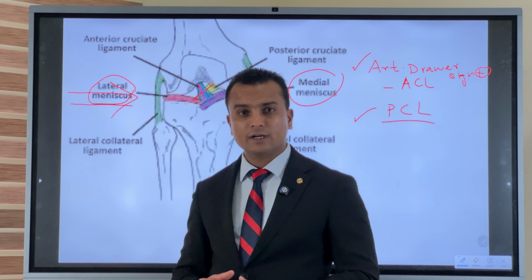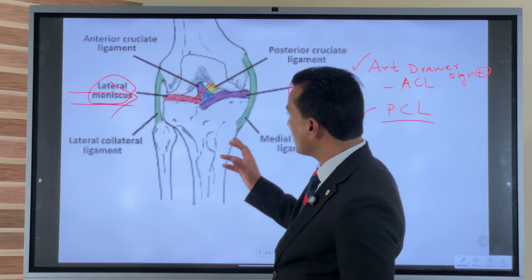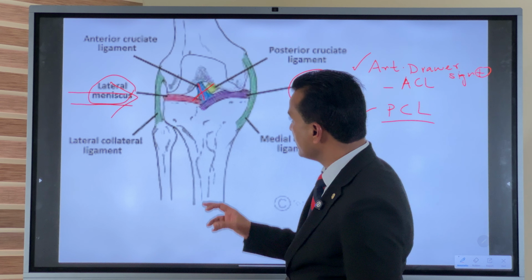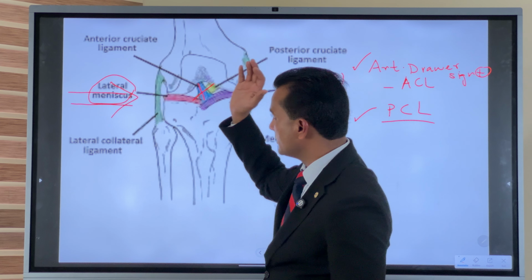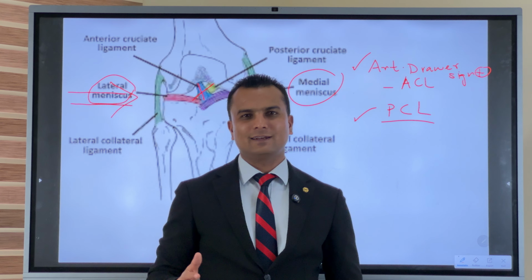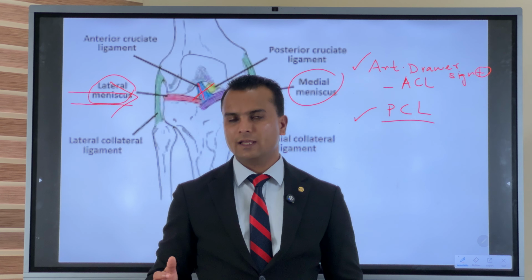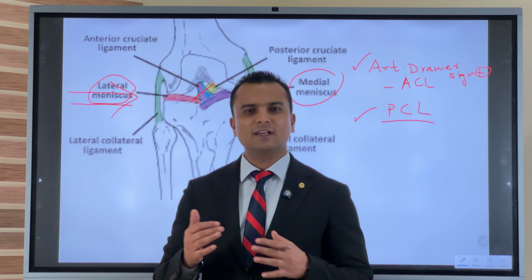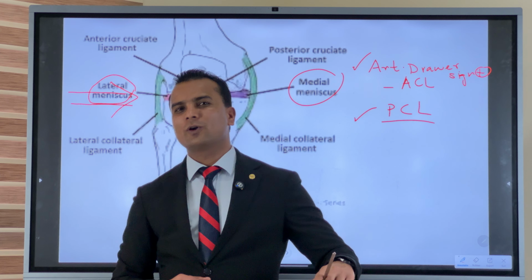And you should understand that if you have any injury on the outer aspect of the knee joint, it may lead to abnormal abduction of the leg at the knee joint. Abduction of the leg is limited by the medial collateral ligament.